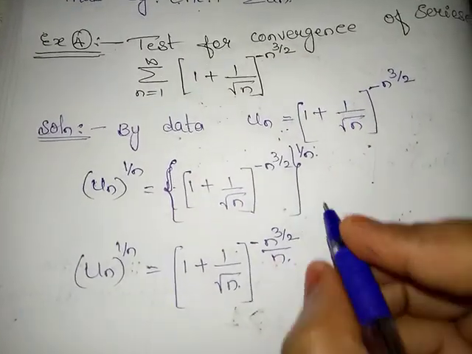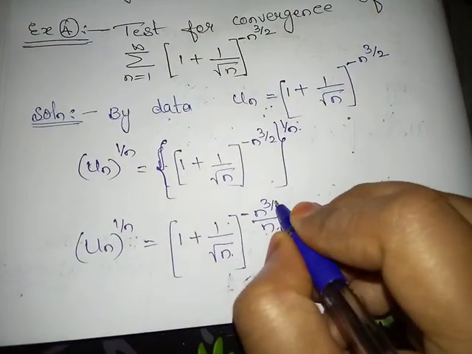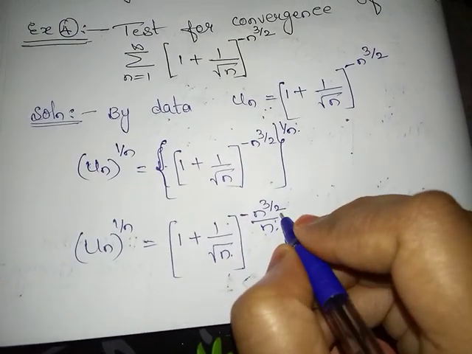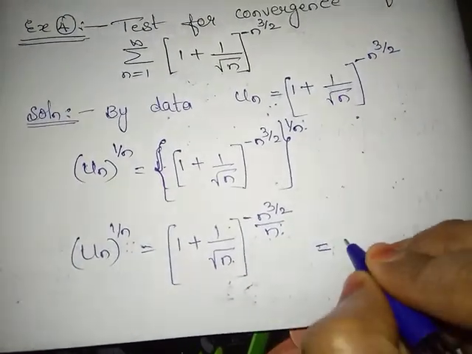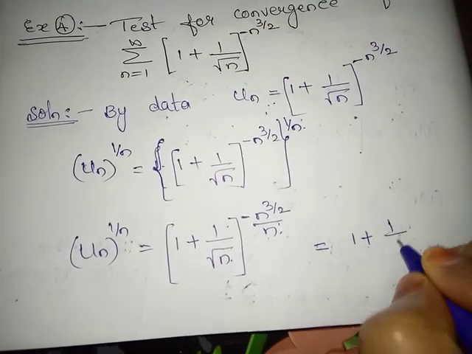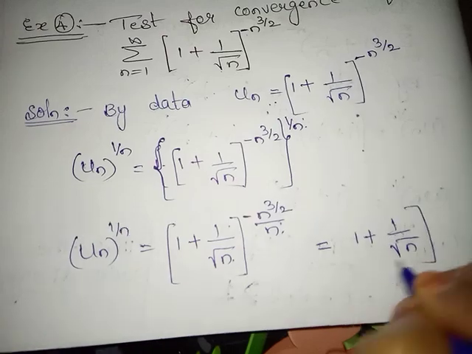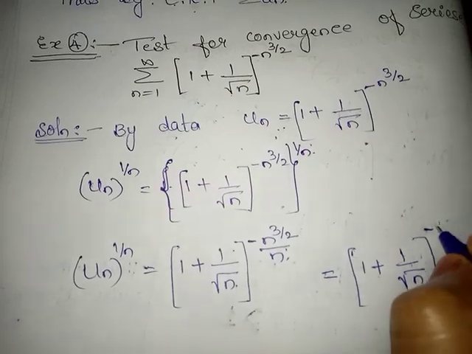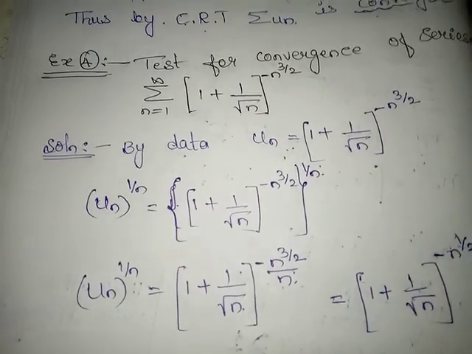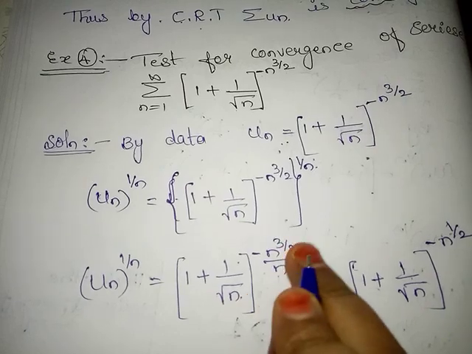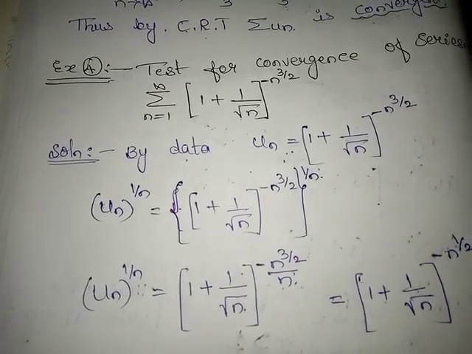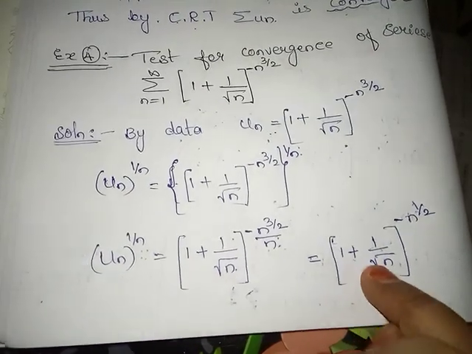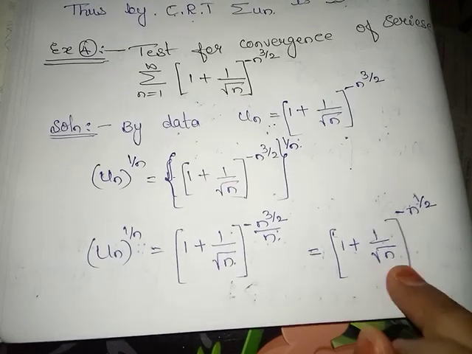When we solve this, it will be n raised to 3 by 2 minus 1, since the n value is 1, it will be (1 plus 1 divided by root n) raised to minus n raised to 1 by 2, because 3 by 2 minus 1 is 1 by 2. So what is the un raised to 1 by n value? 1 plus 1 divided by root n.